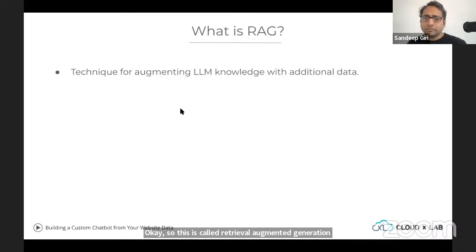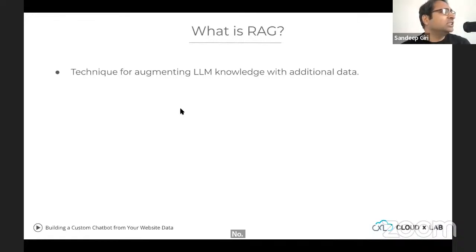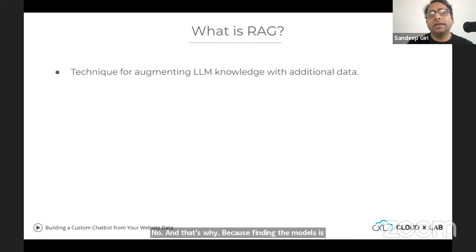And that's because fine-tuning the models is very costly and mostly not really advantageous, and prompt size is limited. So most of the systems that you will see today are built around RAG, retrieval augmented generation. The technique for augmenting LLM knowledge with additional data is called RAG.